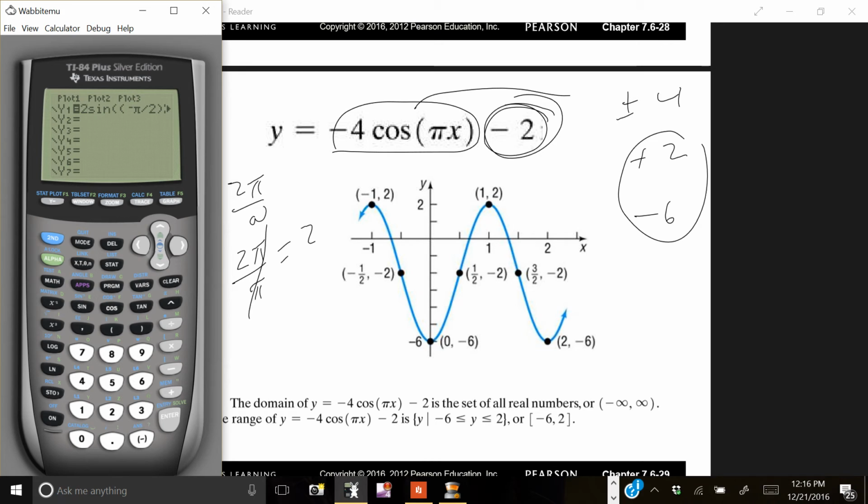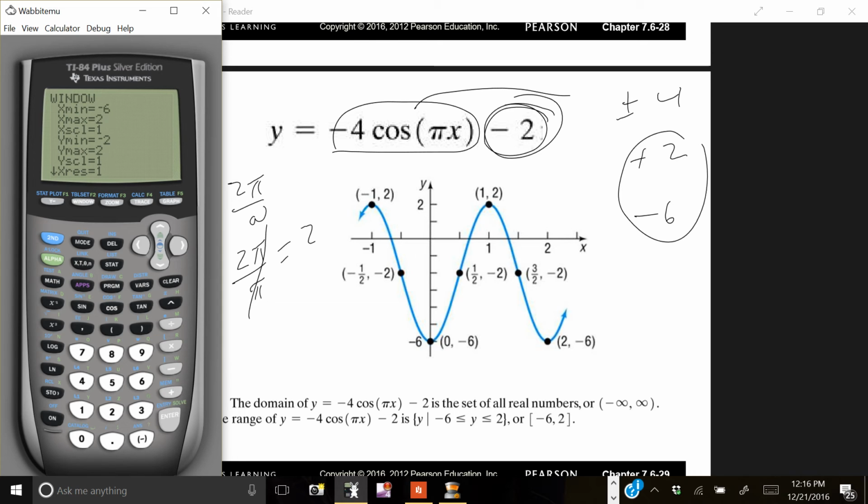Y equals minus 4 cosine of pi times x minus 2. And the window now can go from minus 6 to plus 2.